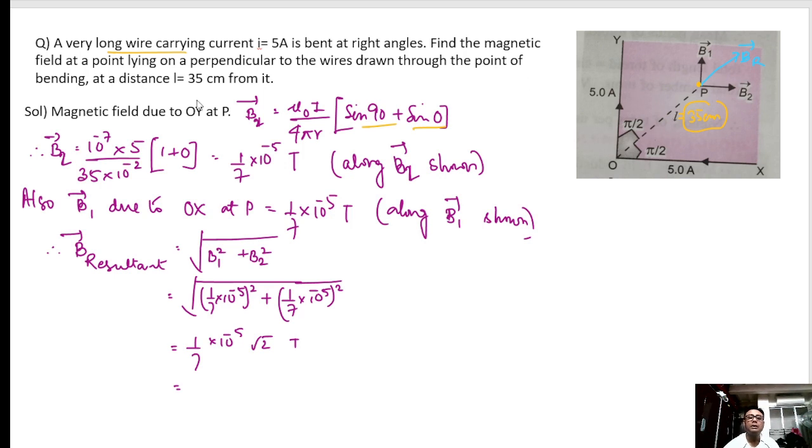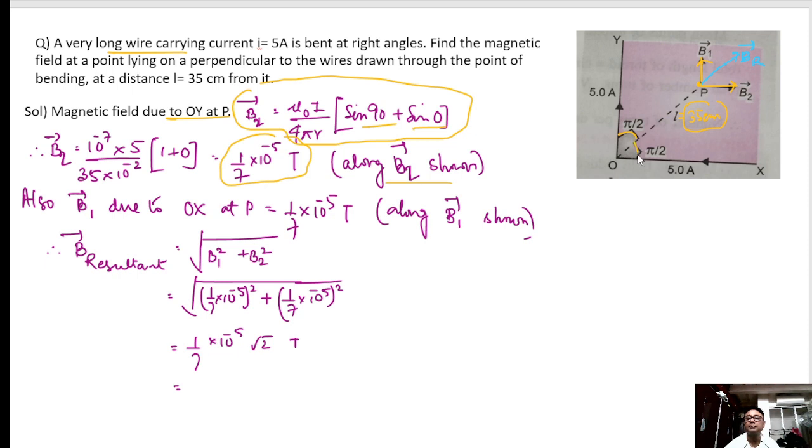So due to the wire OY at P, first this angle is 90 and the other angle will be 0 degree. So using this formula, calculating it, we get this is the magnetic field due to the OY along B2, and due to this wire it is along B1.